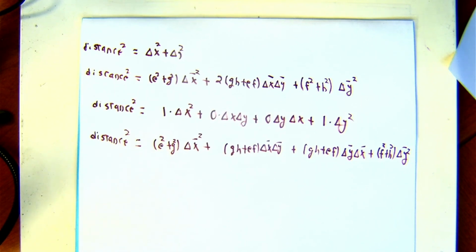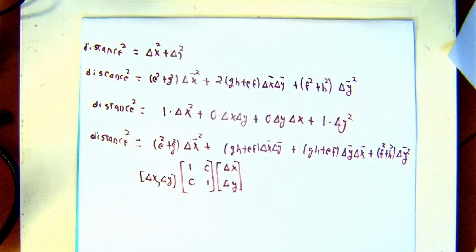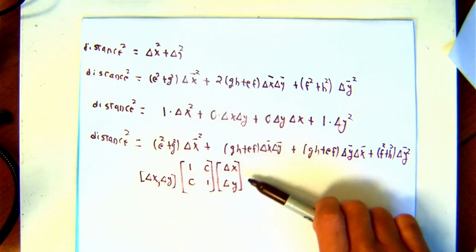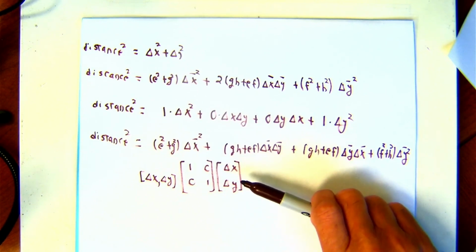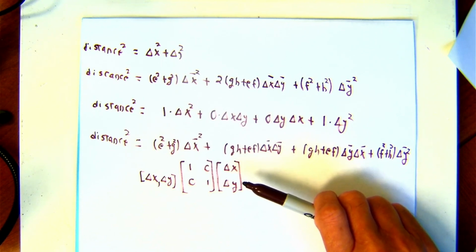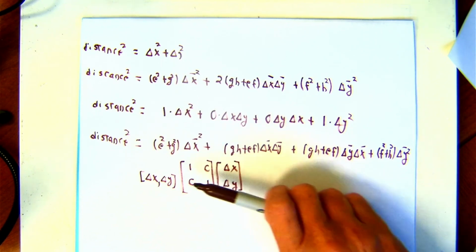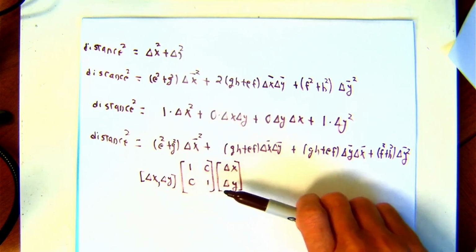If I want to use linear algebra thoughts, I can write this in a very suggestive way. Write delta x delta y as a row vector here, delta x delta y as a column vector here. Oh, and I'm using the word vector in the linear algebra sense of the word, and put the identity matrix in the middle.